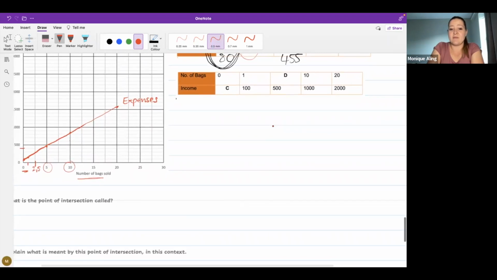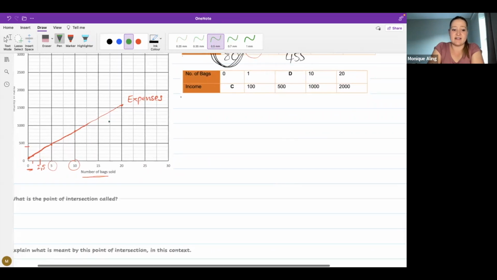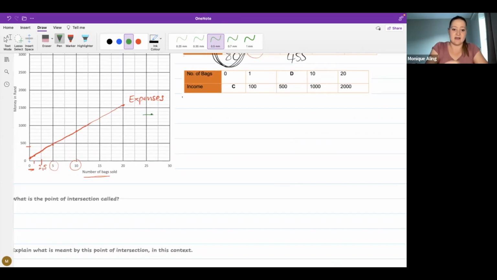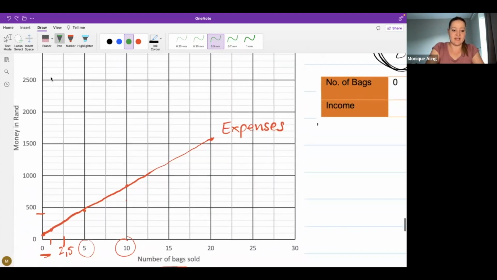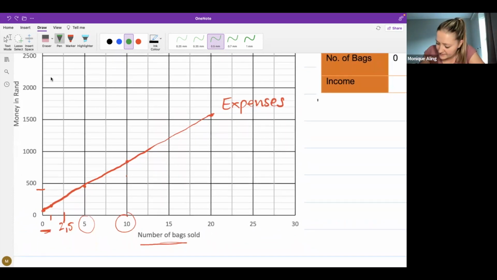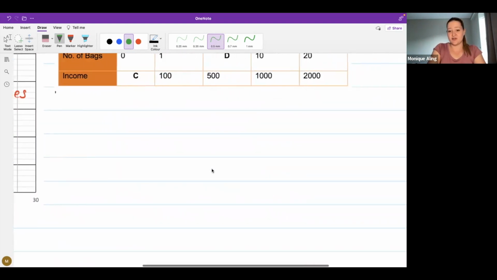Okay, the income line we know straight away starts at 0 and 0. So let's go straight there. 0 and 0. And just a shortcut: I'm going to go straight to the last point because I know it's going to be a straight line.